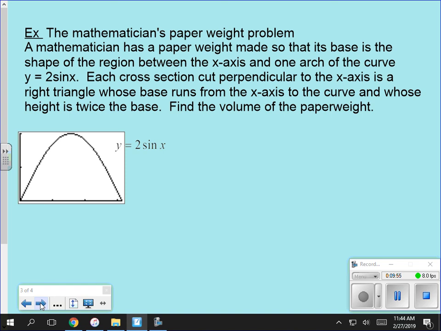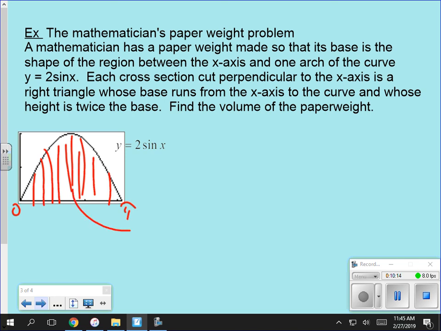So almost everything is exactly the same. We still go from 0 to pi. And we're still slicing it the same way, perpendicular to the x-axis, right? But our slices are not the same shape.